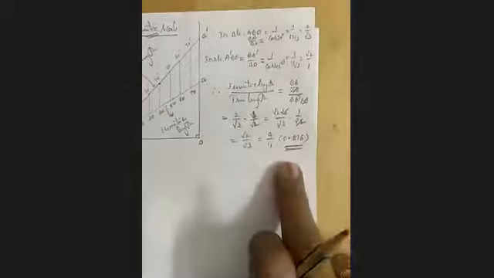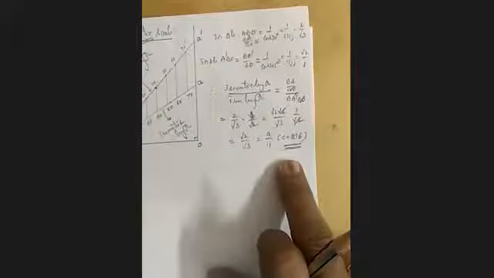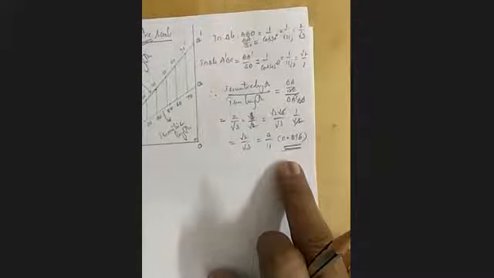Right. It is finished. Listen now. What is the meaning? 1 mm is equal to 0.816 mm.